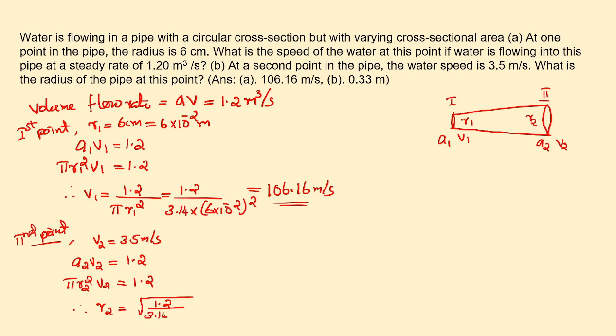Let's substitute: square root of 1.2 divided by 3.14 into 3.5. After the calculation, you can find that the radius at the second point is 0.33 meter.